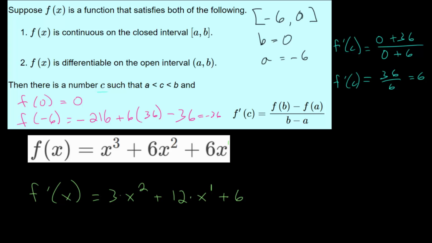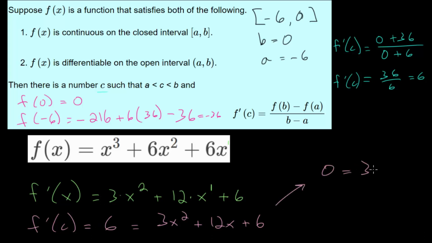So this right here is our derivative. And to figure out f prime of c, we know that this derivative has to equal 6. So let's say that f prime of c is equal to 6, and this is equal to our derivative function. But now we need to find that specific x value where this equation is true. So let's solve this quadratic. We'll subtract 6 on each side.